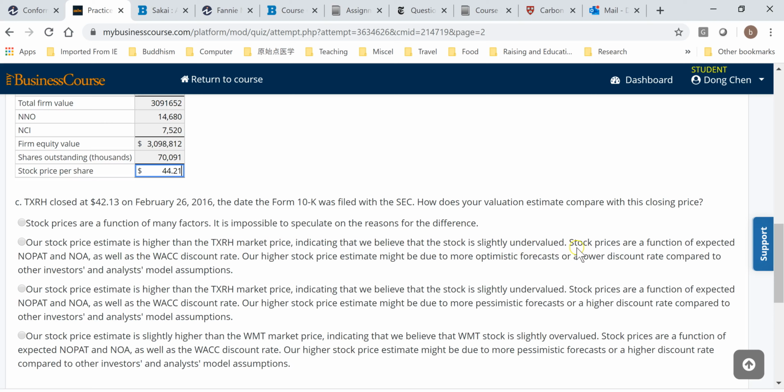And that's true. Stock prices are a function of expected NOPAT and NOA as well as the WACC discount rate. Our higher stock price estimate might be due to more optimistic forecasts or a lower discount rate compared with other investors' and analysts' model assumptions. This is correct, right? Because the lower the discount rate, the higher the estimated value.